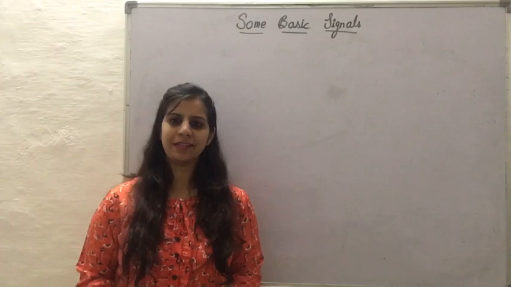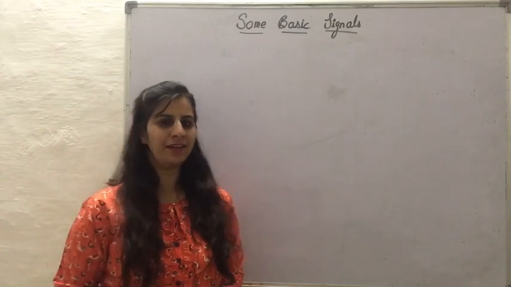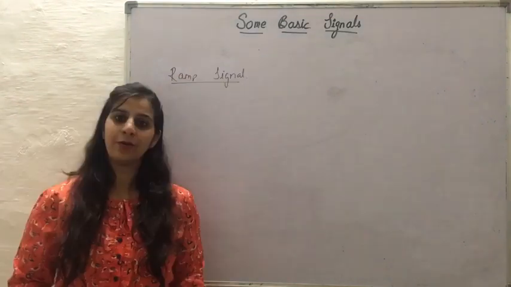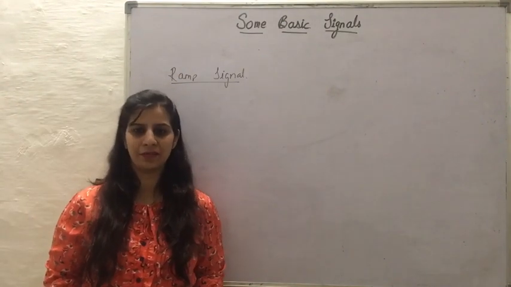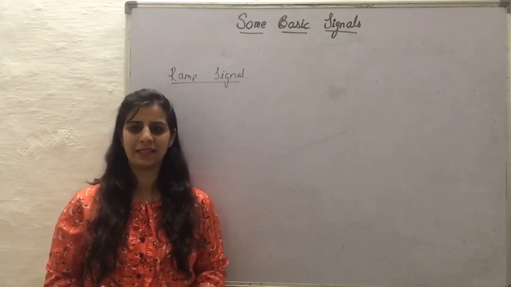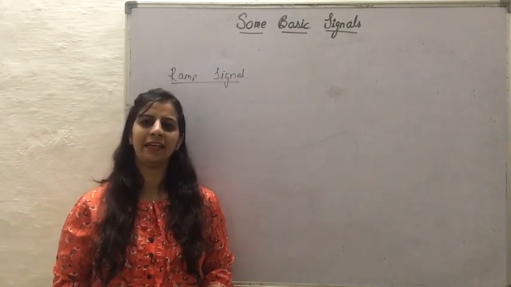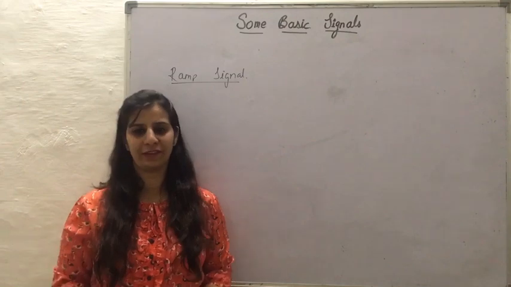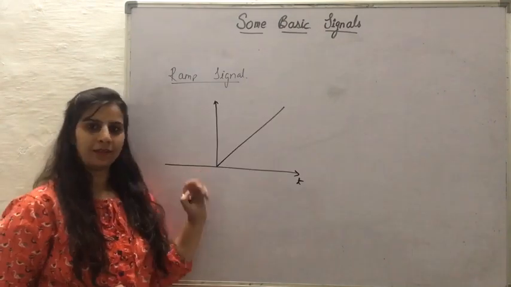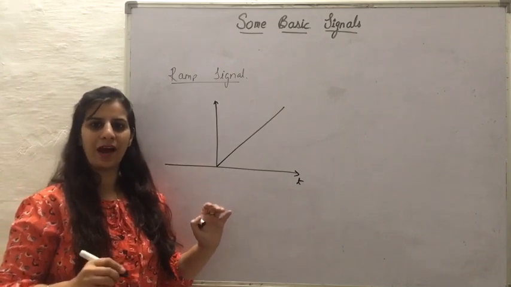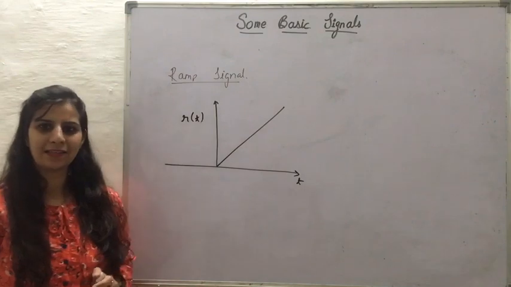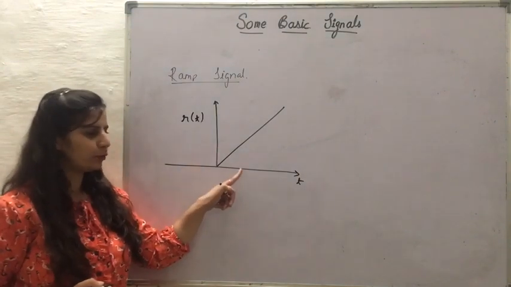The next important signal is a ramp signal. Ramp means an inclined surface. So for this signal, the inclination starts at t equal to 0 and the inclination is towards the positive time axis. The shape of the waveform is as shown. This signal is denoted with r of t, and it has a value which is equal to the time value.